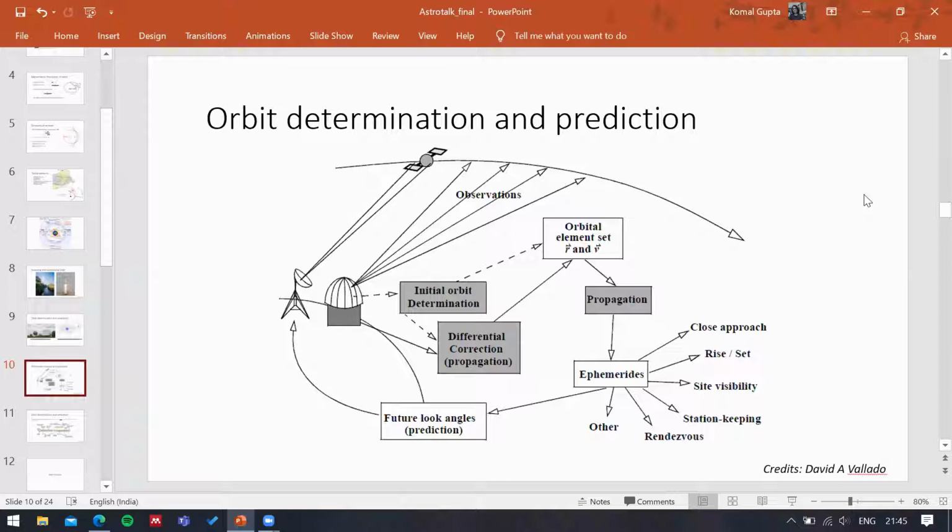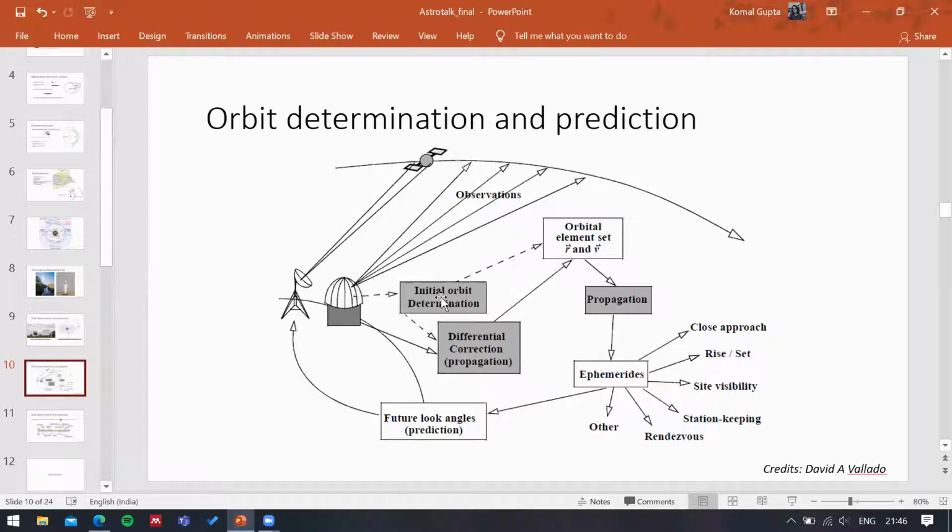And in this diagram, you can see the relationship between orbit determination and orbit prediction and how it's carried out. Initially, a ground station observes the satellite, and it takes multiple observations of the satellite and the time at which it observed it. It goes through an initial orbit determination algorithm.